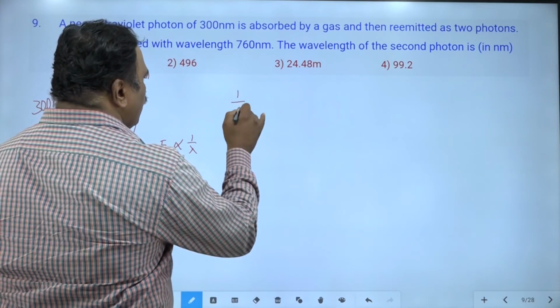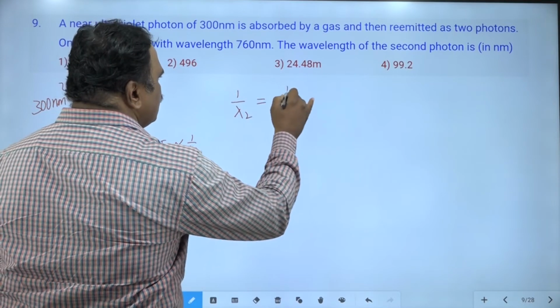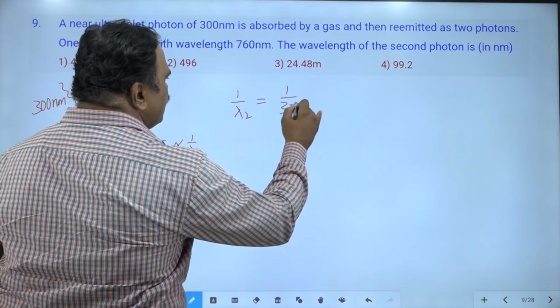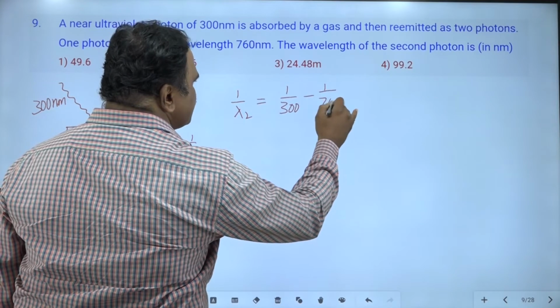Now, 1 by lambda 2 is equal to 1 by 300 minus 1 by 760.